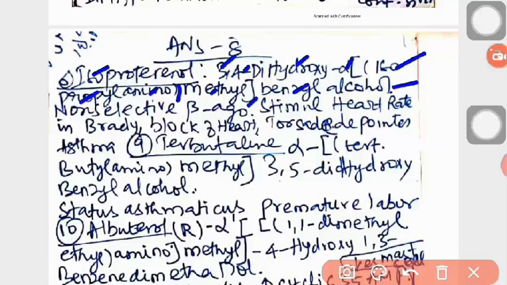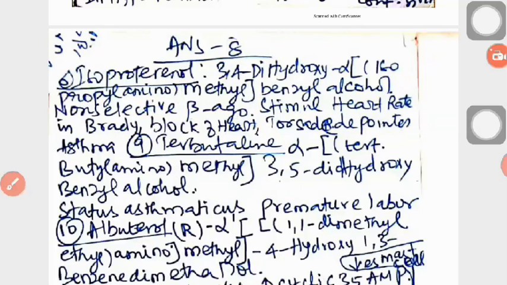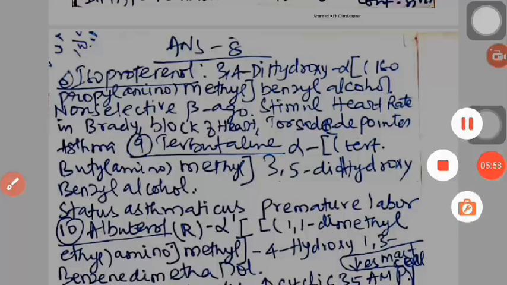It is a non-selective beta agonist, and stimulates heart rate in bradycardia. Where? In bradycardia, heart block, and Torsades de pointes. So these are the uses of it.